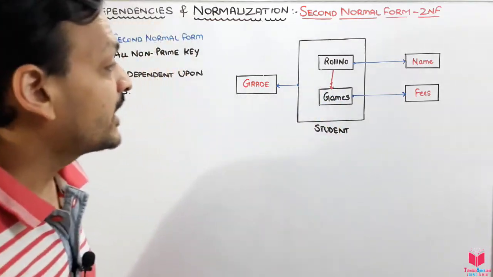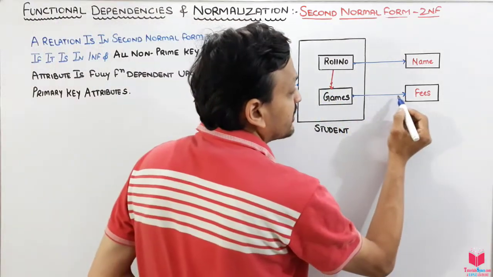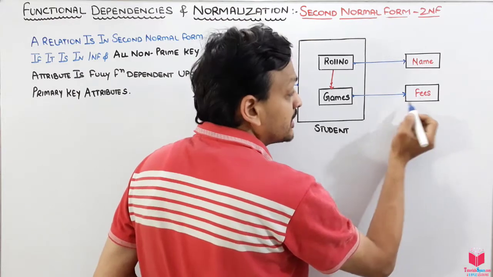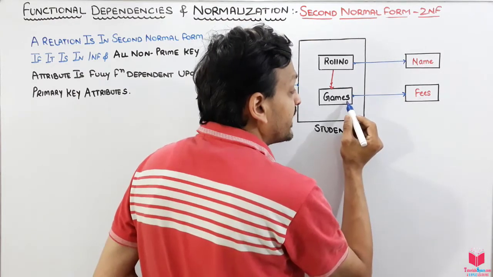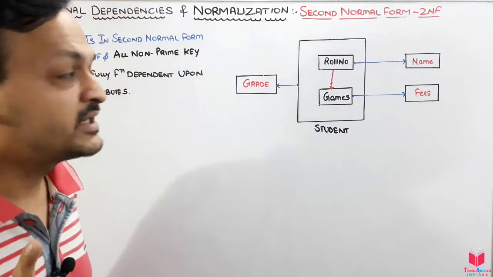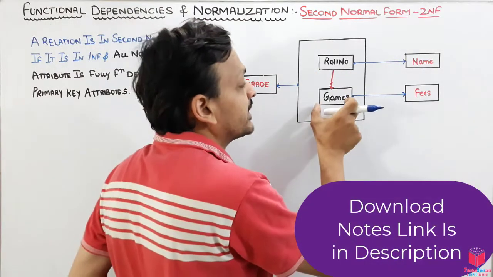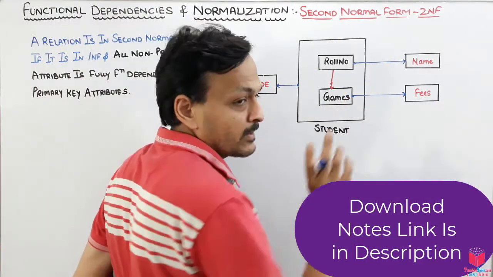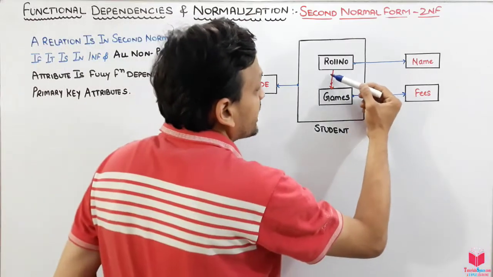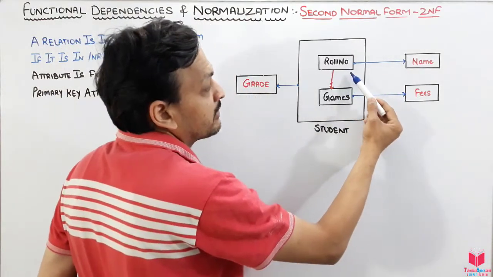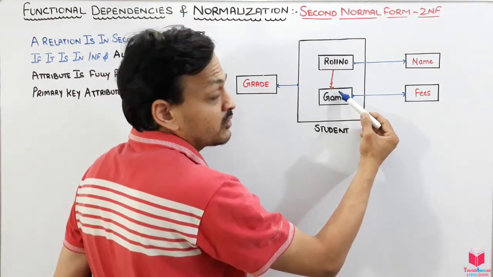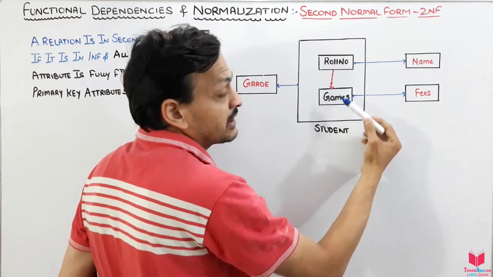This dependency says that we can find the value of fees from the game only. It does not need roll number along with games to find the fees. This double arrow shows that one roll number can have multiple games, or be enrolled in multiple games.